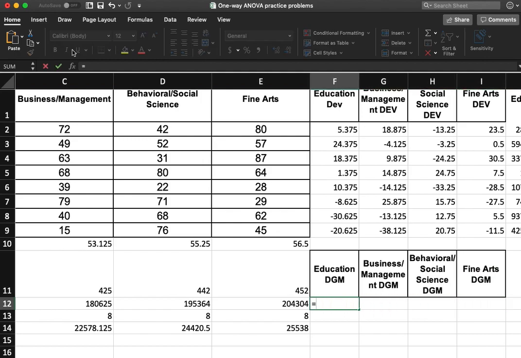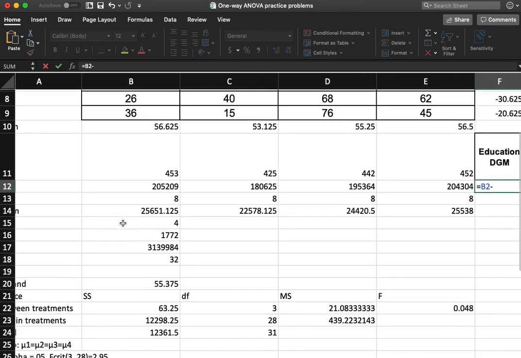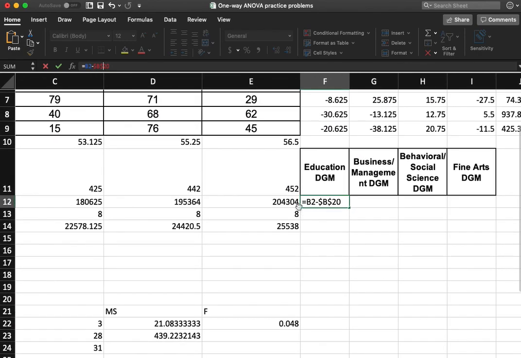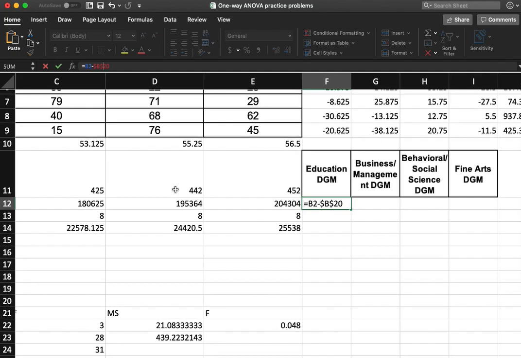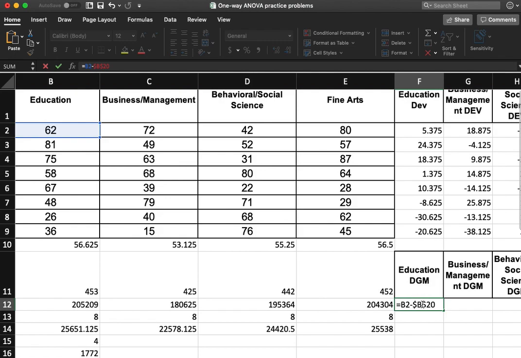For each one of these, I'm going to say, take the education score, subtract the grand mean, and keep B20 constant. All right, let's look at that formula. This means from B2, education score 62, subtract B20.